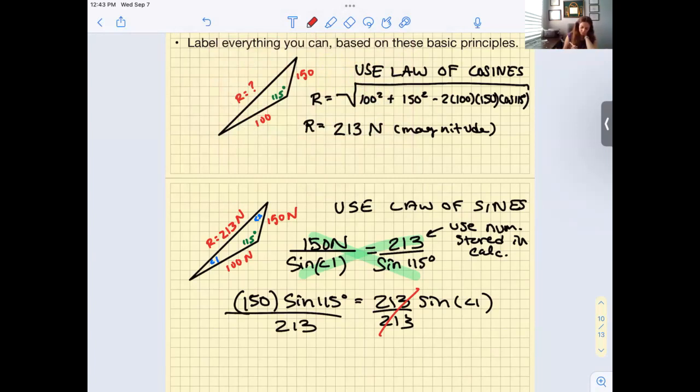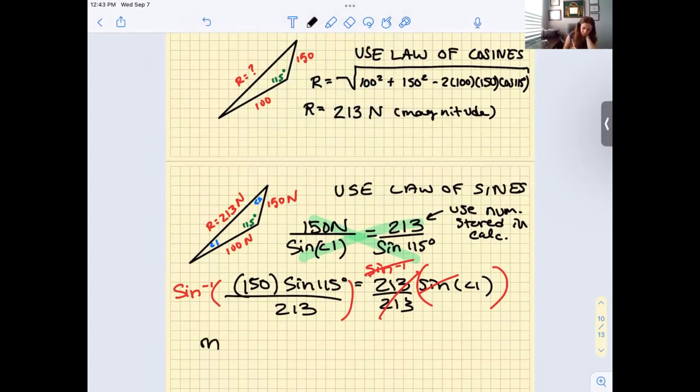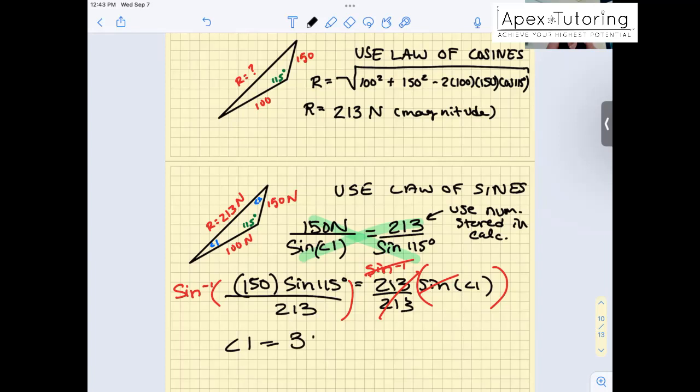And then to get angle 1 alone, we have to do sine inverse of both sides so that it crosses off and isolates angle 1. So what do you get for angle 1? 39.8.